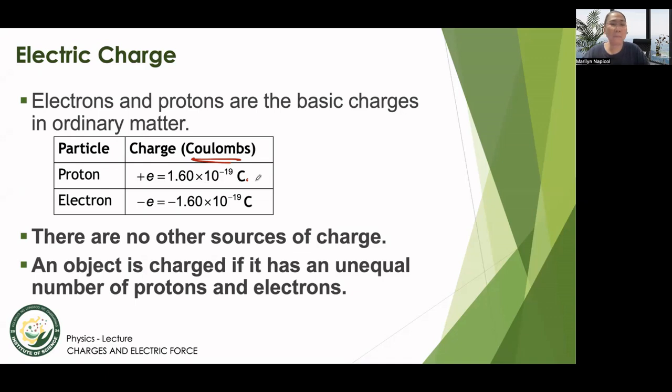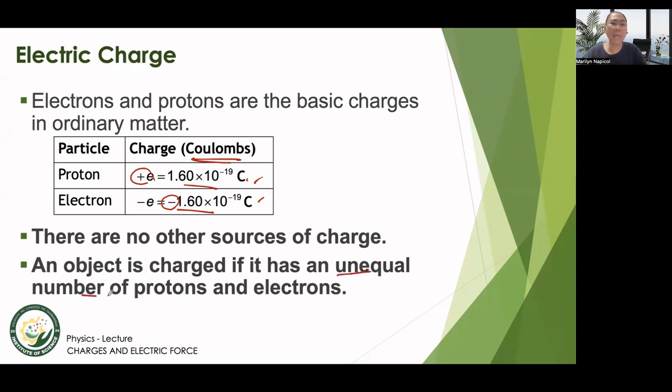So mapapansin natin, parehas lang sila ng value. Okay? Yung 1.6 times 10 to the negative 19. Pero magkaiba sila ng sign. Okay? Kasi yung sa electron, that is negatively charged. And then for the proton, that is positively charged. Now, there are no other sources of charge. Okay? So an object is charged if it has an unequal number of protons and electrons.